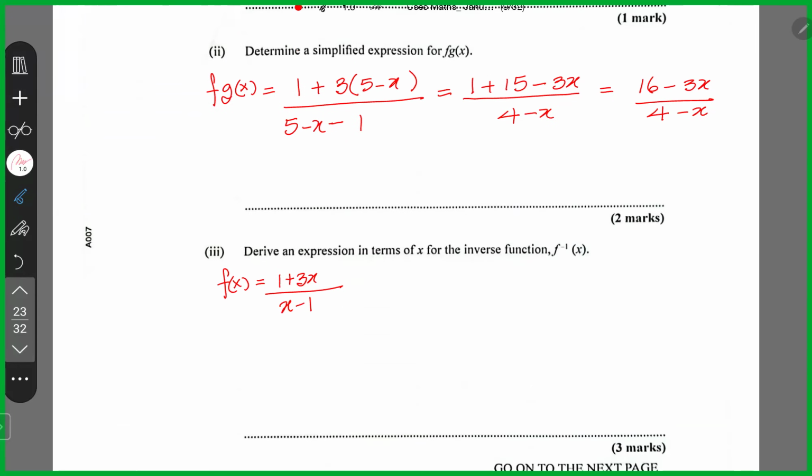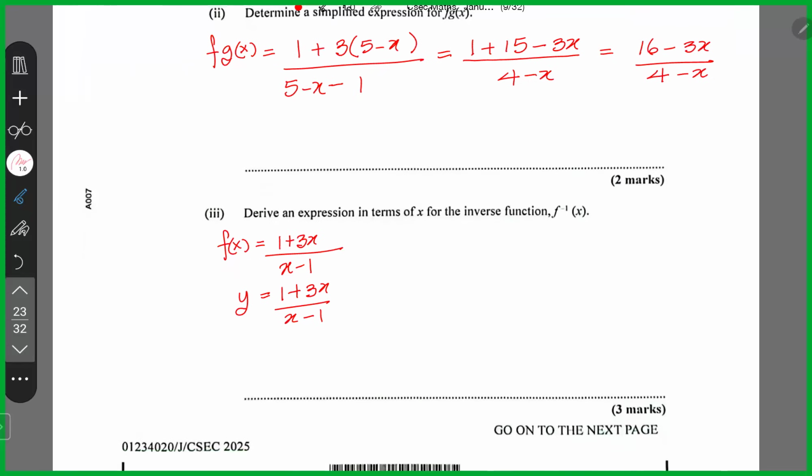Step 1 for finding the inverse, take out f of x and say y. Step 2, we're going to interchange x and y. Step 3, we're going to make y the subject again.